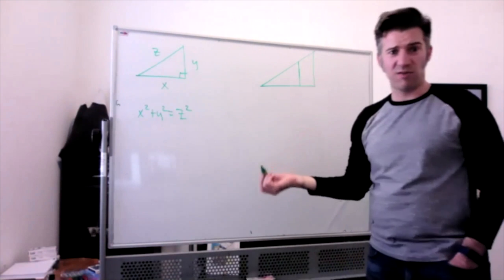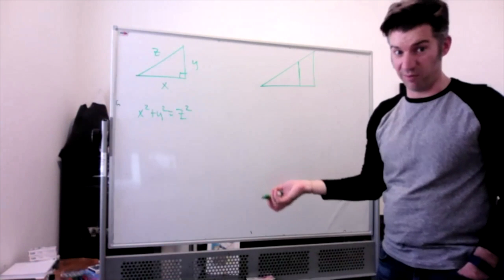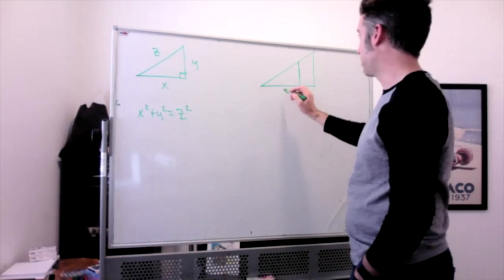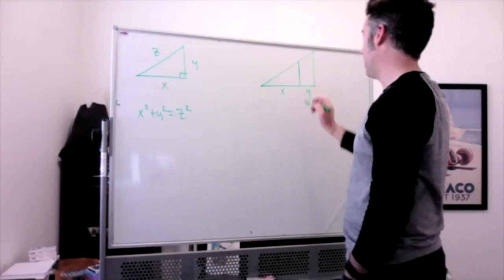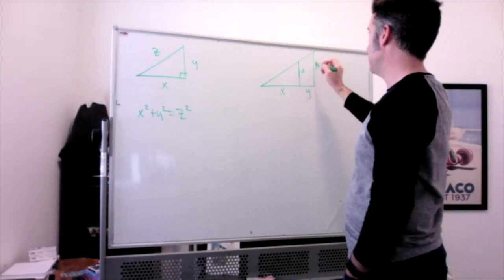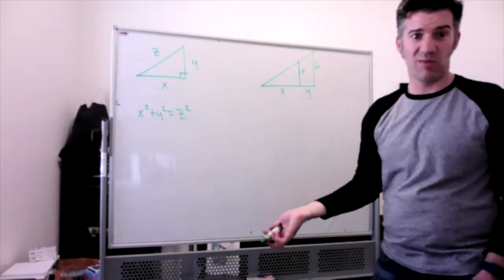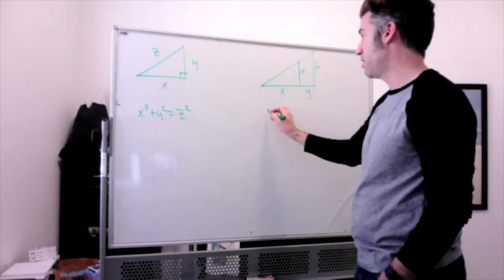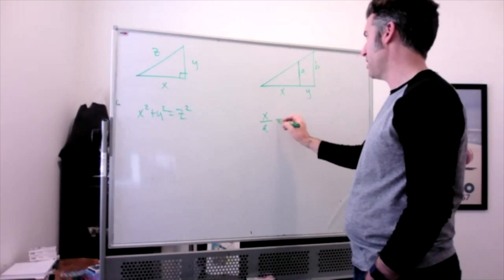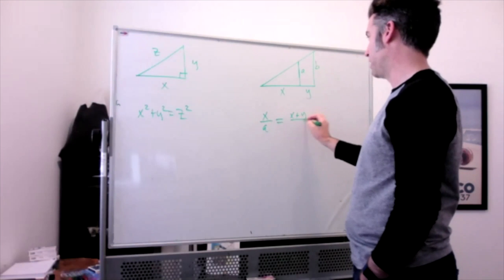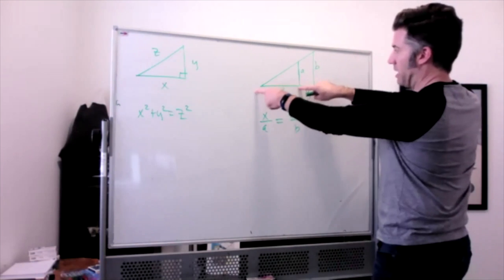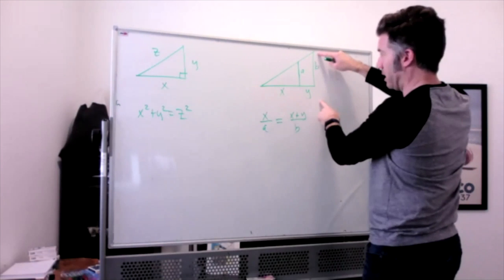The thing about similar triangles is really people are just talking about trig functions. If I call this x and this y and this a and this b, there are so many things you can write down. You can say x is to a as x plus y is to b. Basically, base is to height as base is to height.